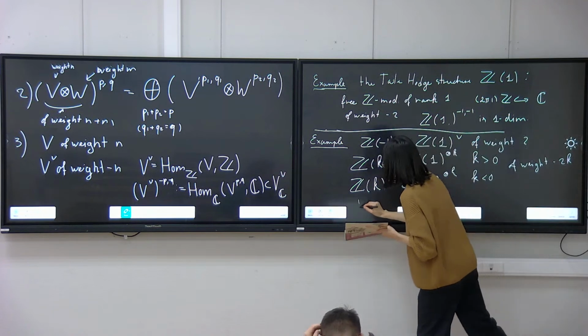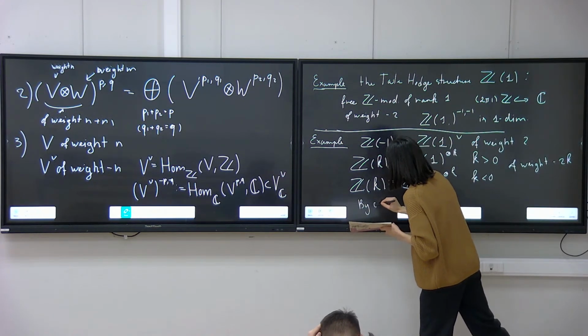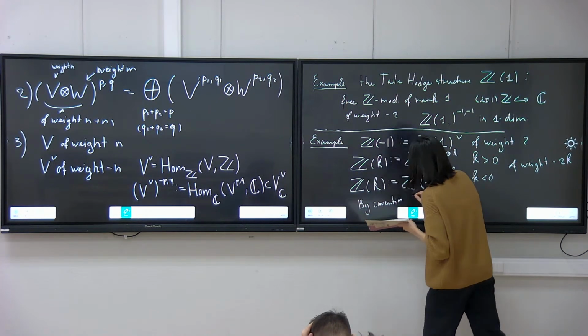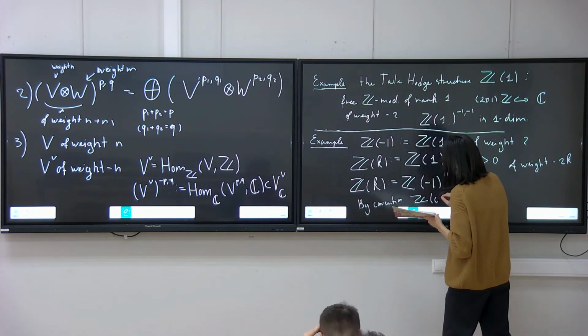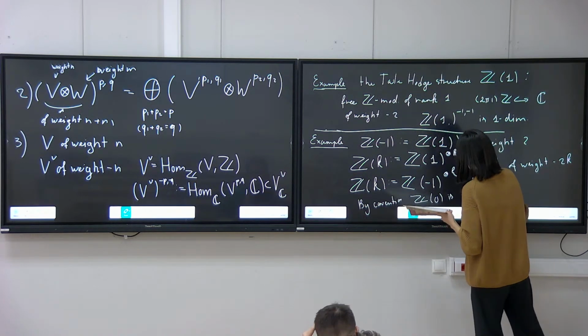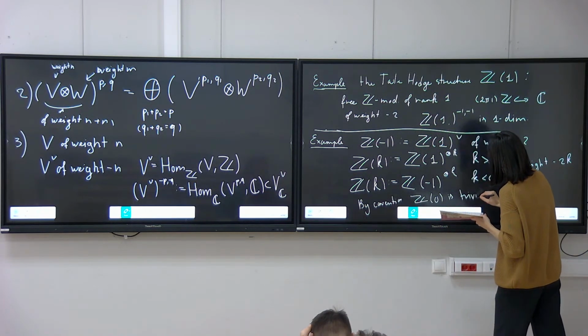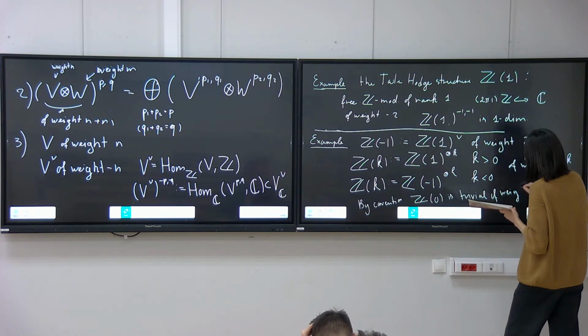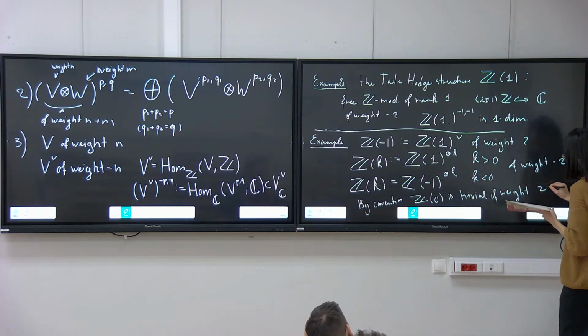And by convention Z(0) is trivial, of weight 0 and rank 1.